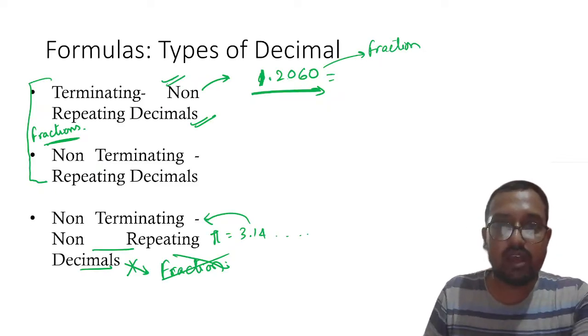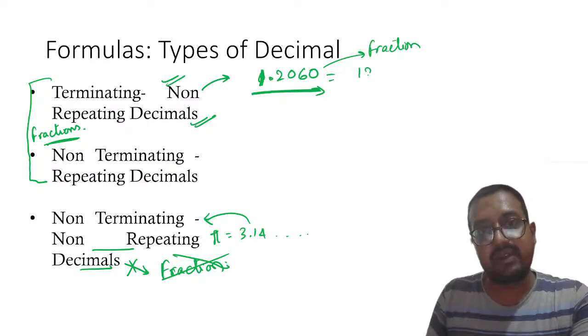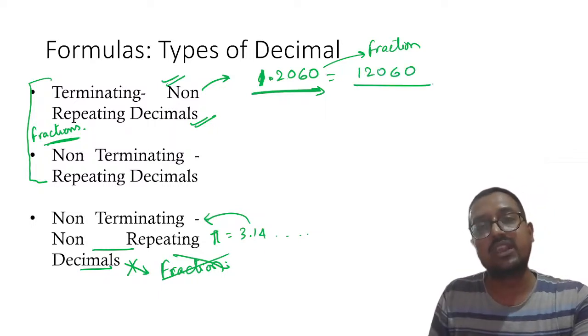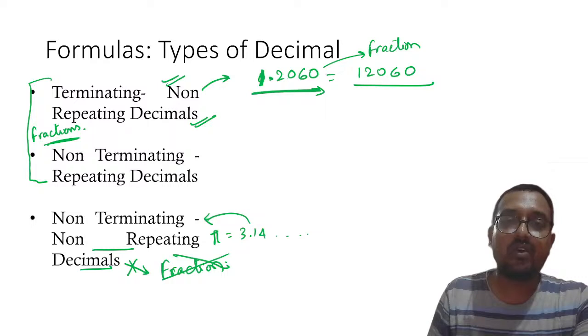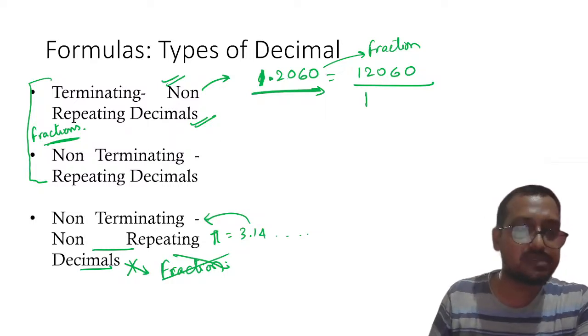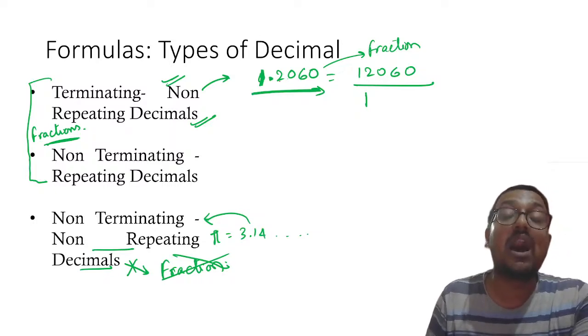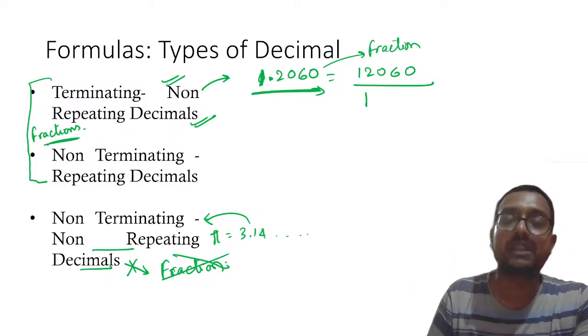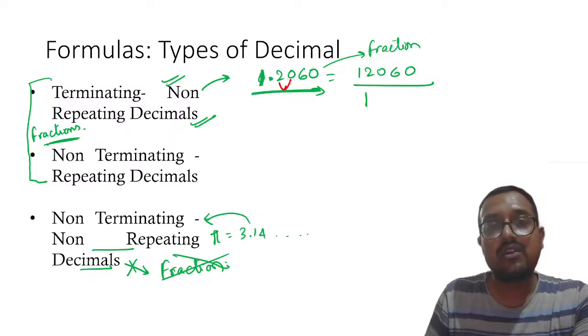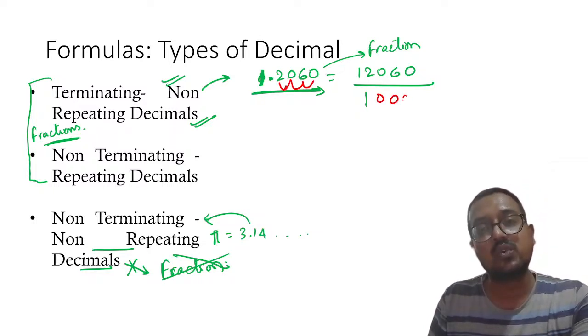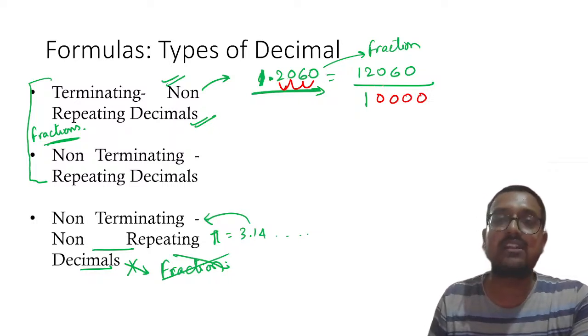So what I will do after this, I will write this complete number 12060 divided by, for the decimal I will write 1. Is it clear? Now I will count how many digits are there after the decimal. 1, 2, 3, 4. So I will put 4 zeros. And that is the fractional form.